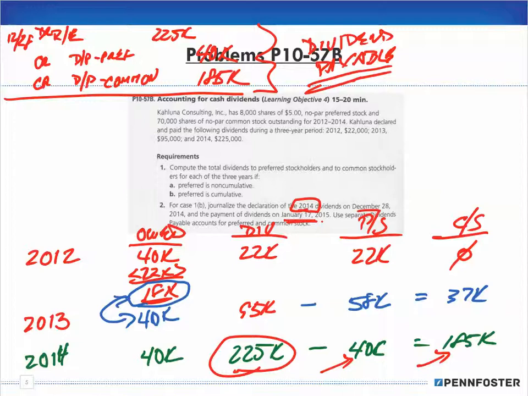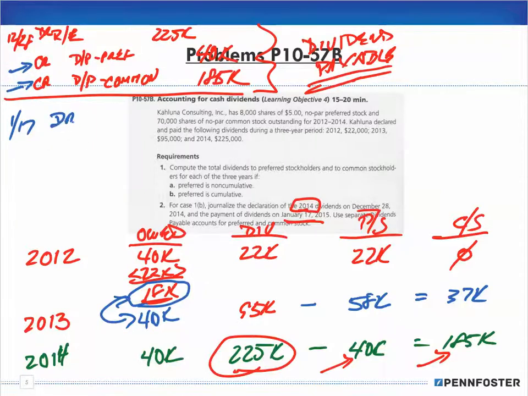Now on January 17th, right, we're going to actually pay it out. So on January 17th, we're going to debit. Actually, let me do it in blue. So on 1/17, we're actually going to pay it out. Well, what are we going to pay out? We're going to pay out what's owed.